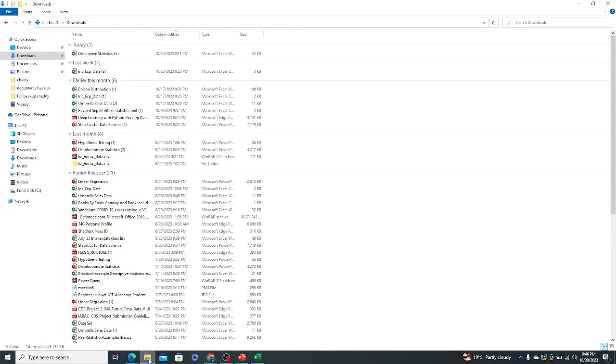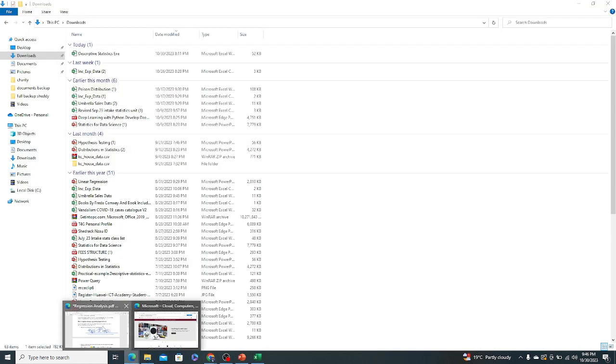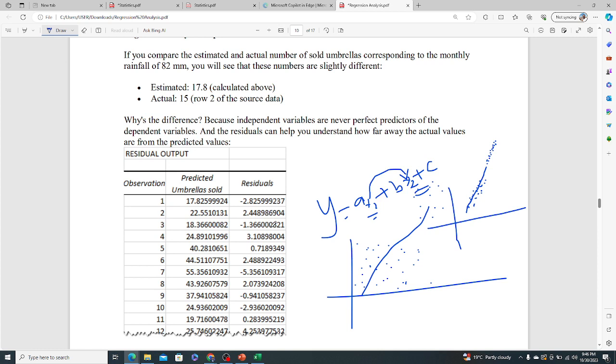Let me try and check this example. Okay, we have the residuals. You can see in this data set we have some residuals which are high, and at some point most of them are low.